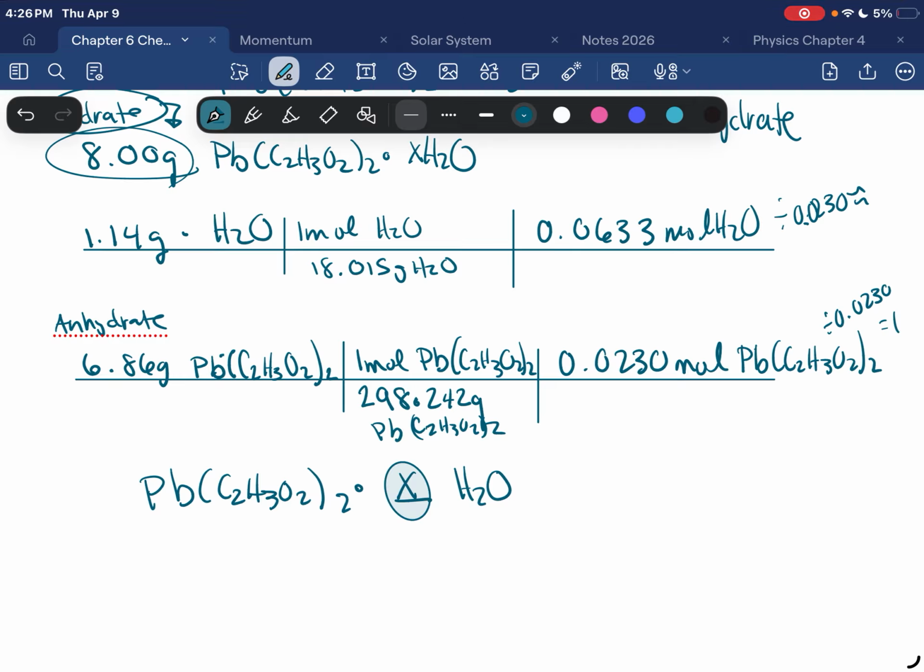Let me type my numbers again so it looks finicky. 1.14 divided by 18.015. Divide that by 0.023. Yeah, 2.75. Really didn't think we'd have any with a higher ratio.